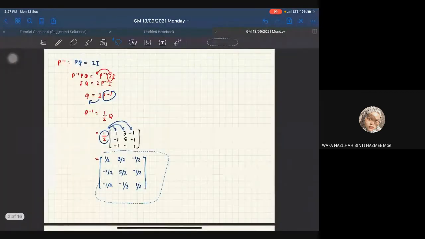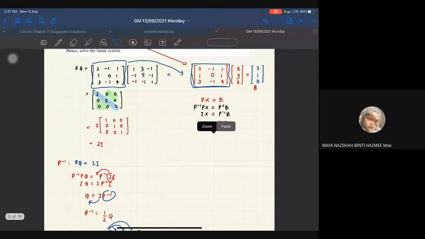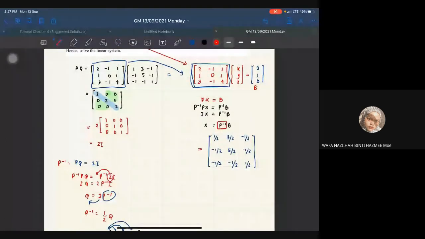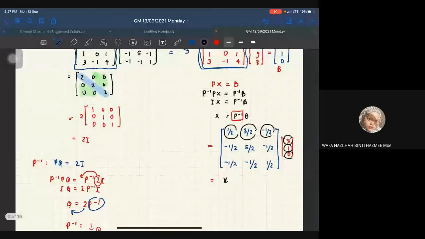Then you copy the matrix B back, so you have 3, 1, 0. To find X, Y, Z, we just expand. This one times this one, plus this one times this one, plus this one times this one. So you will get the value at the top, the first one. Have you calculated this one yet? What do you get for X, Y and Z?